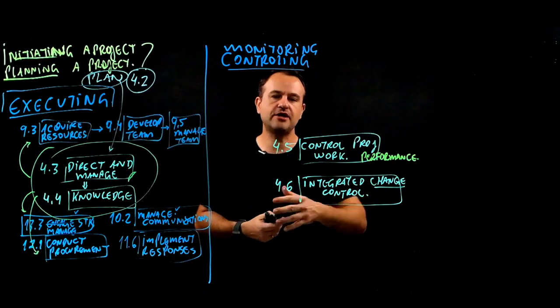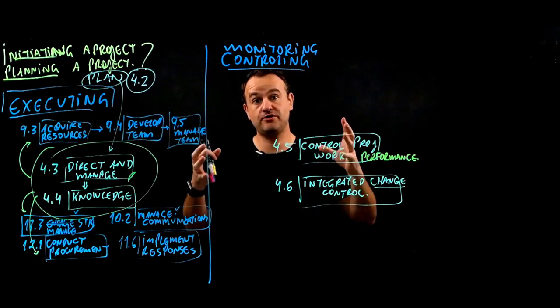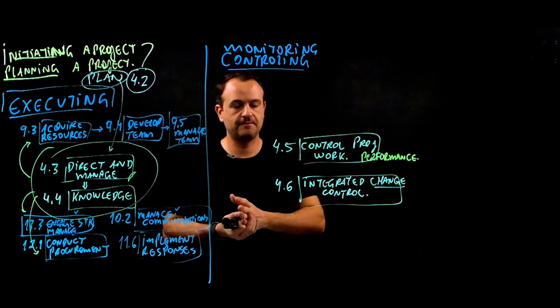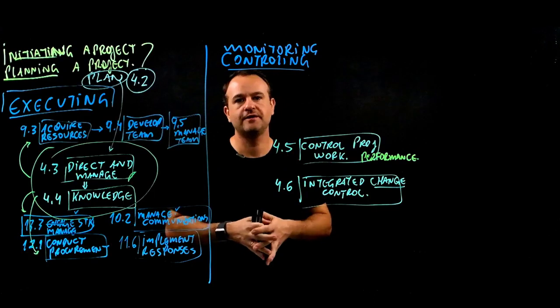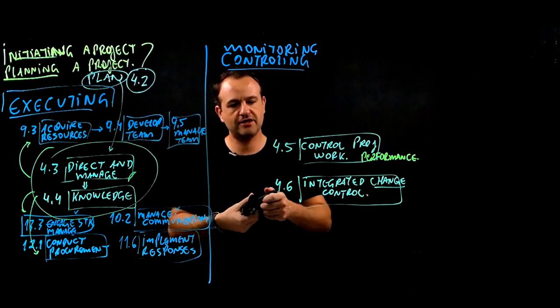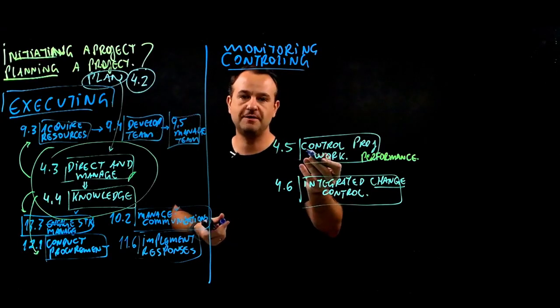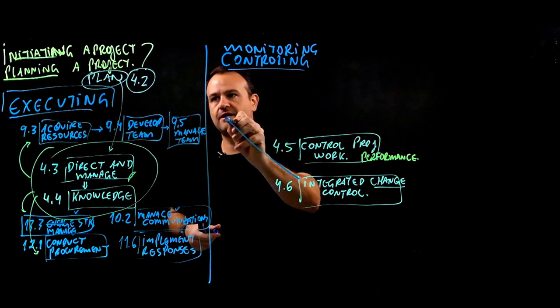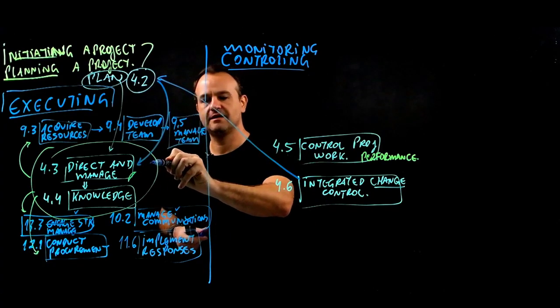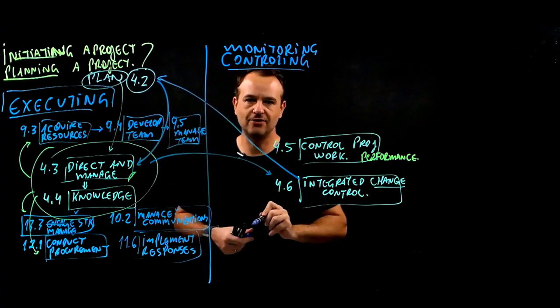And the integrated change control means that every change we have in our project should be a formal change. You have a change request, and then you go through the approvals. If the change request is approved, it depends on the impacts, then you update the plan, and then you execute the plan and you understand what would be those impacts.